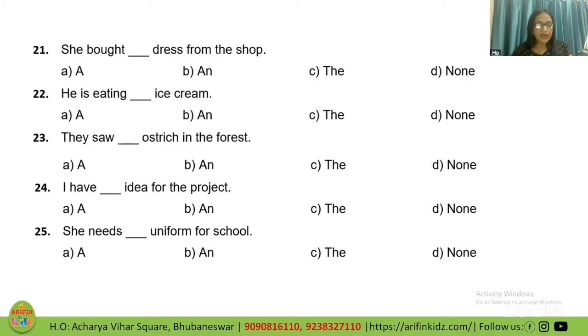Question number 21. She bought dash dress from the shop. A, the, none. Which one is the correct answer? Kavita, 21C.